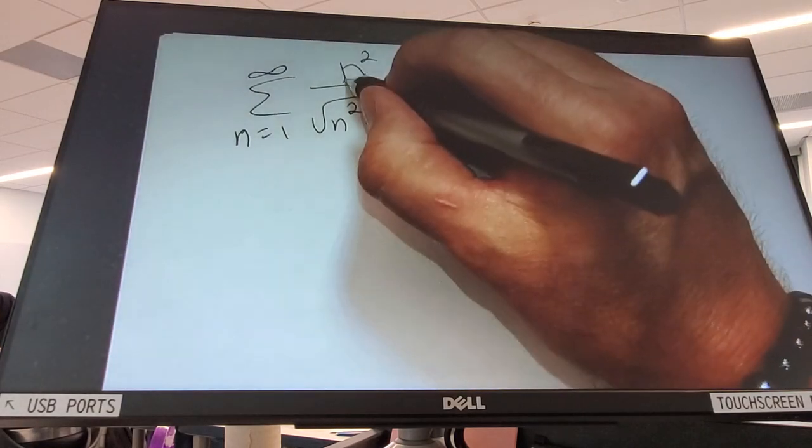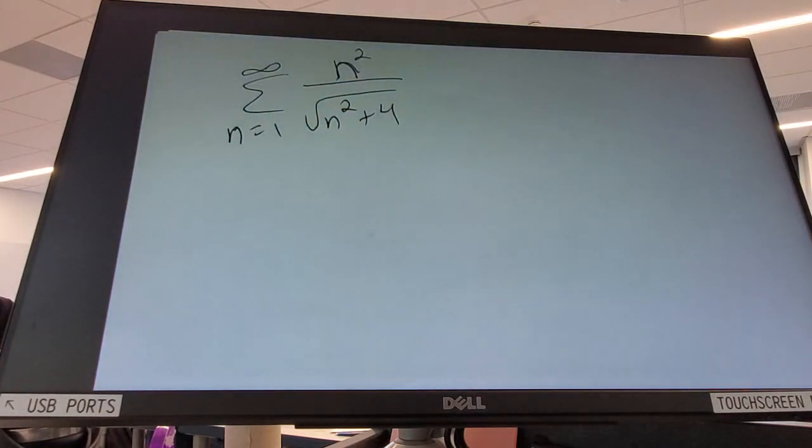Can you guys look ahead to see what this would require from you? So the instructions would say, use the integral test to check this for convergence or divergence, yes? What would the associated integral be?